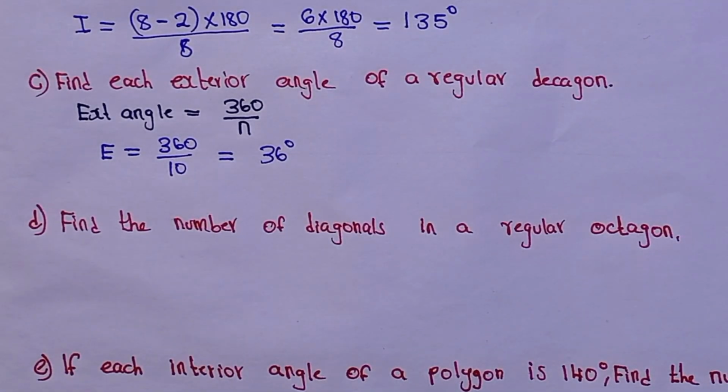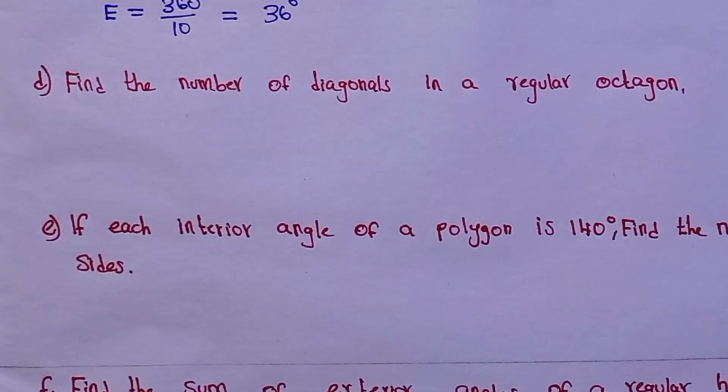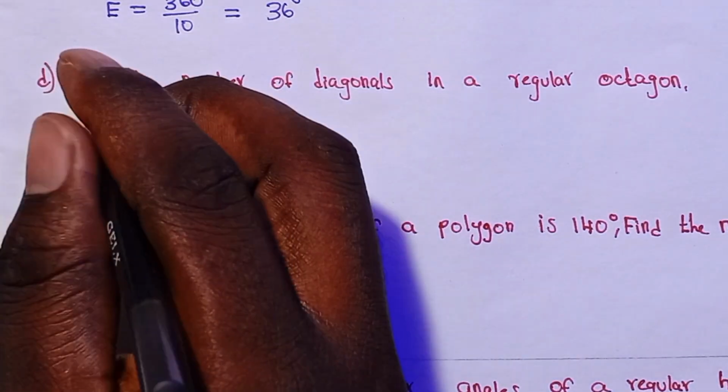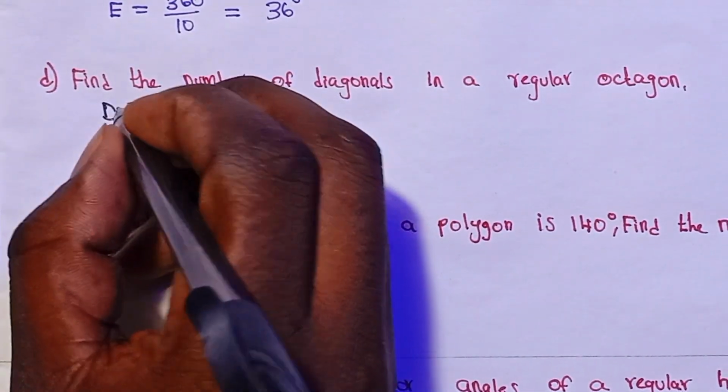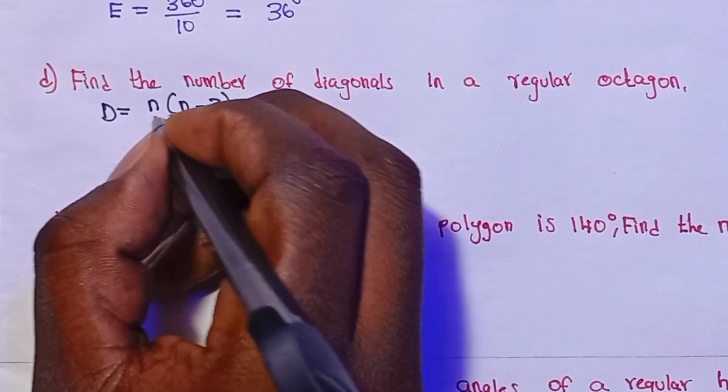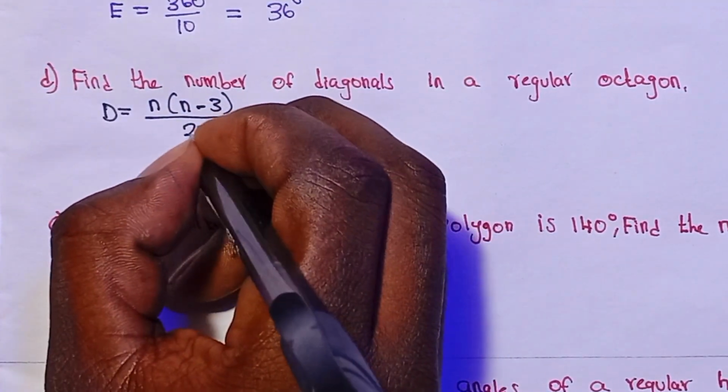So the next question is to find the number of diagonals in a regular octagon. So the number of diagonals is given by, from the formula we saw, d is equal to n times (n minus 3) divided by 2.